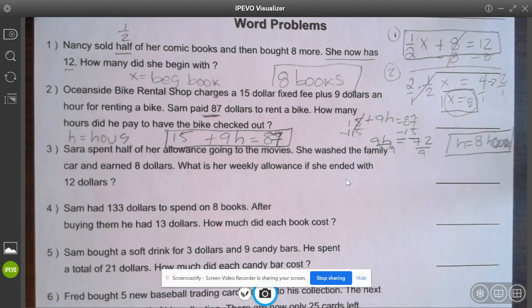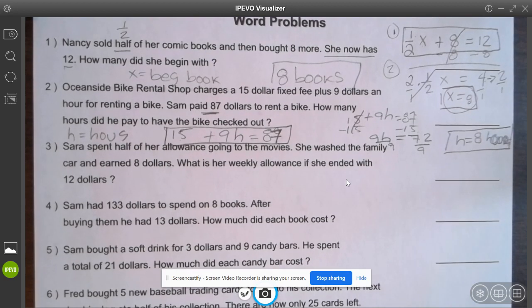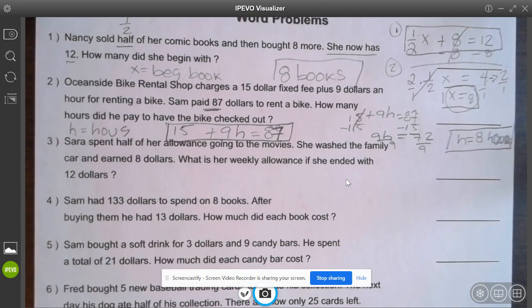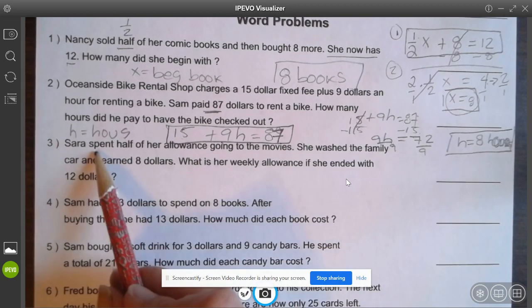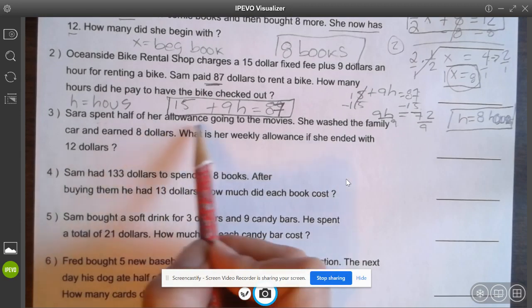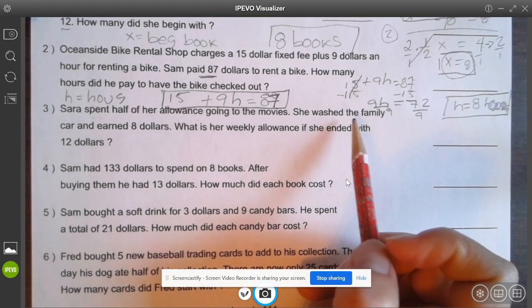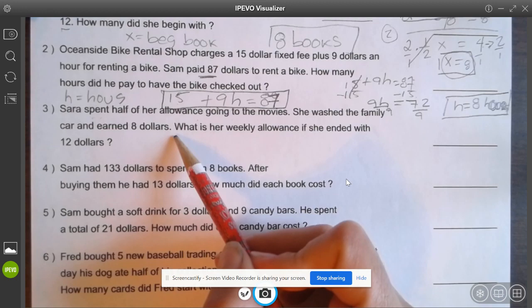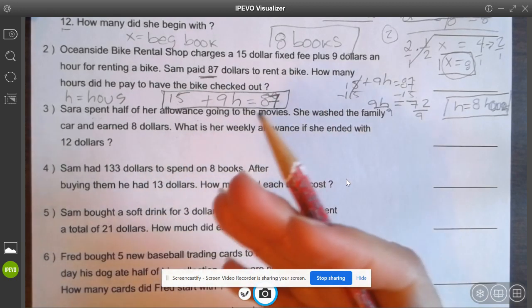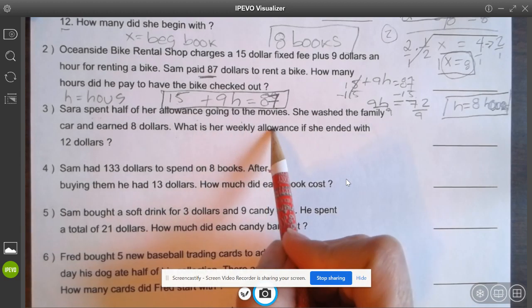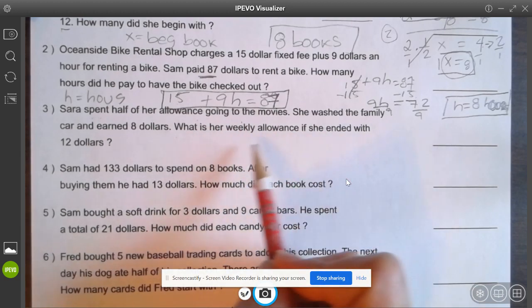All right, let's do number 3. Number 3 is kind of like number 1. We're talking about halves and all that. So Sarah spent half of her allowance going to the movies. She washed the family car and earned $8. So in addition, right, we talk about something adding to. What is her weekly allowance if she ended up with $12?